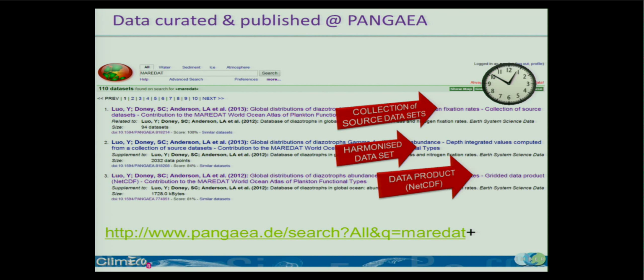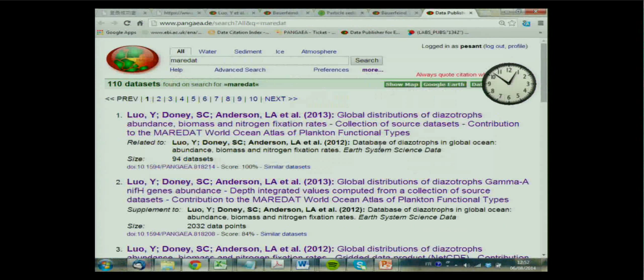So we archive, as I showed yesterday, data products, the netcdf file, the gridded data products, the harmonized data set that was used to create the netcdf, but also if you submit a compilation that you did compiling data from 100 papers, we also go through the step of archiving these 100 data sets separately, so that we provide credit to the authors of the original data sets. And that's this one here.